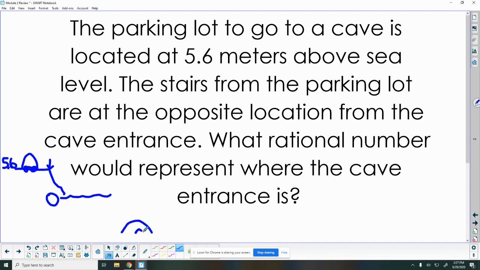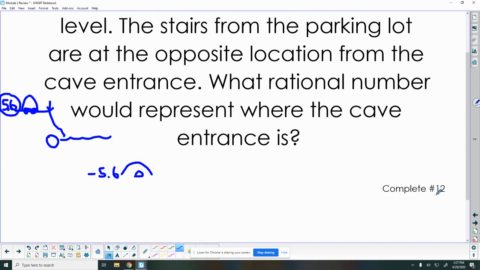So down here, the cave entrance is opposite of 5.6. So what rational number would represent where the cave entrance is? The opposite of 5.6 is negative 5.6. So go ahead and try number 12.